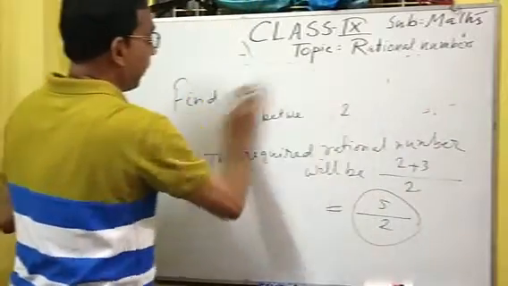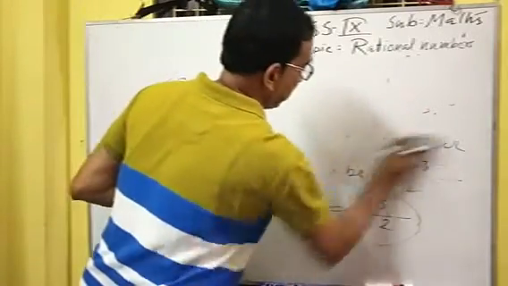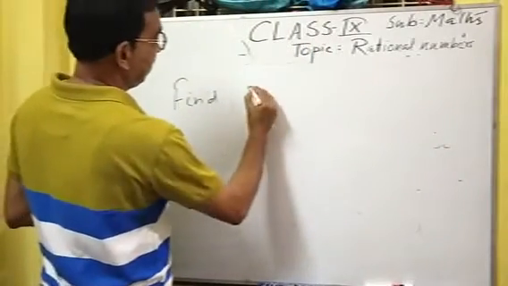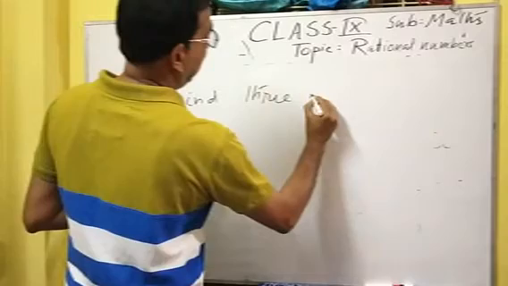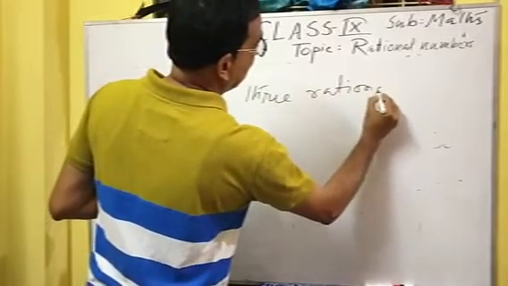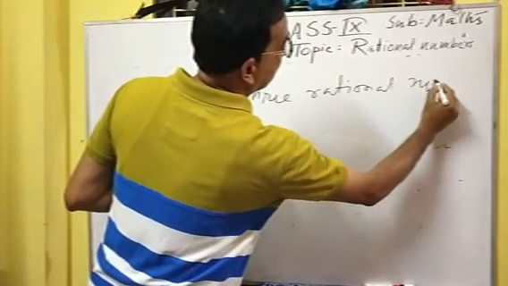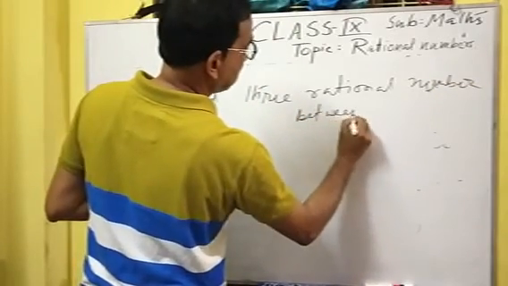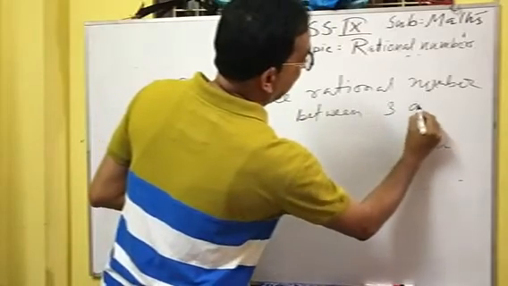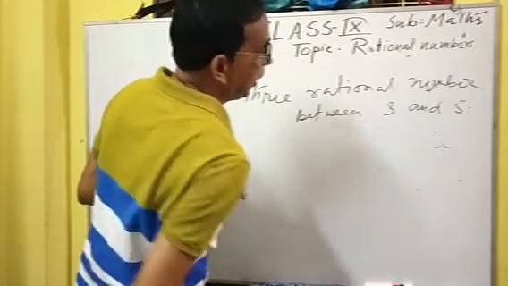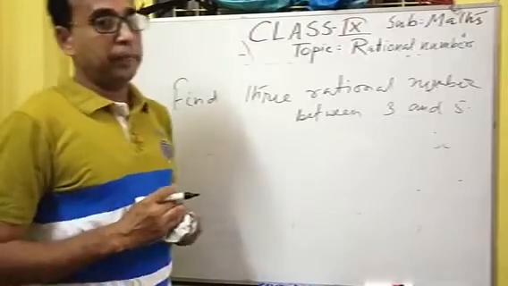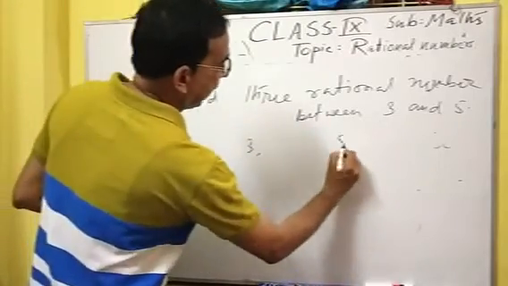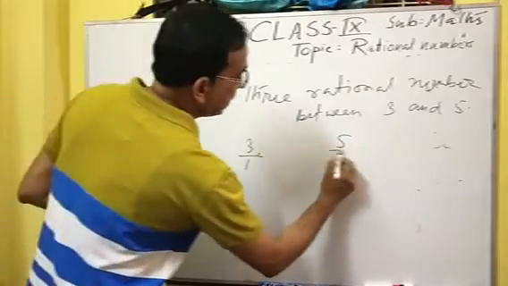The next problem: find three rational numbers between 3 and 5. Three and 5, the denominator is 1.